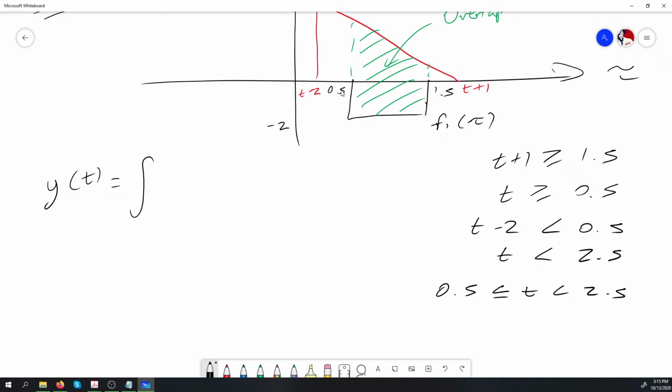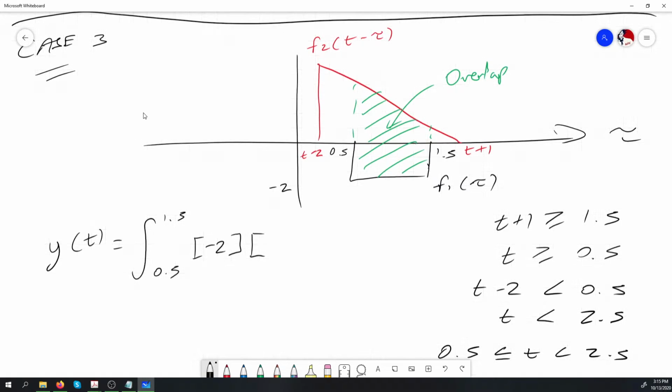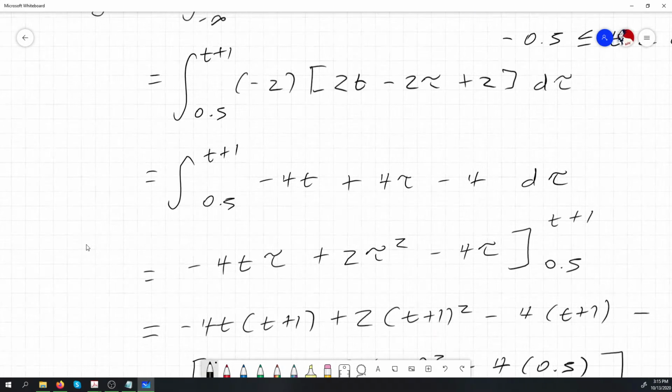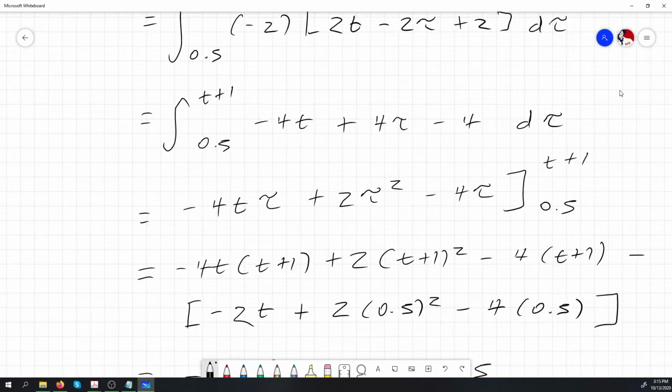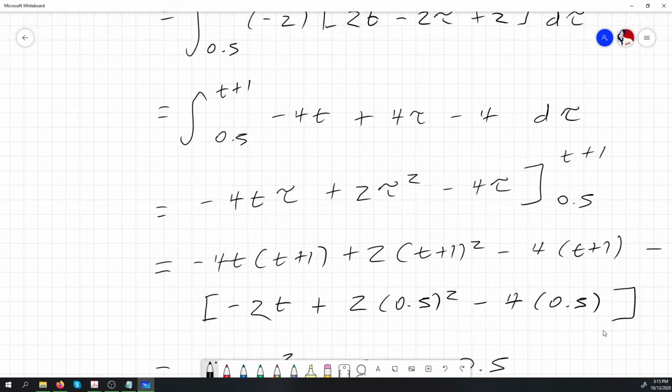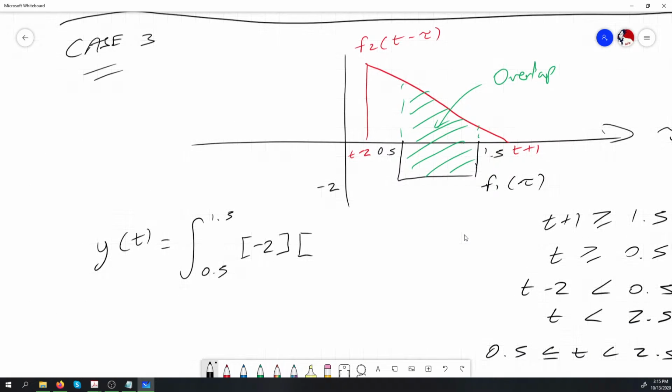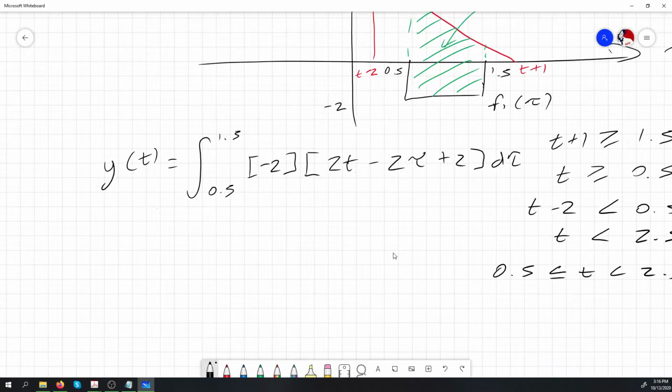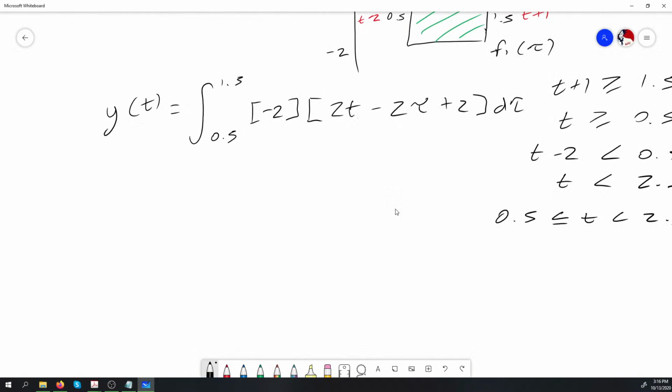This will be 1.5 and 0.5 for limits, into minus 2. Then we put back in the equation which we had for case 2, now that we have the correct equation: 2t minus 2 tau plus 2, d tau.